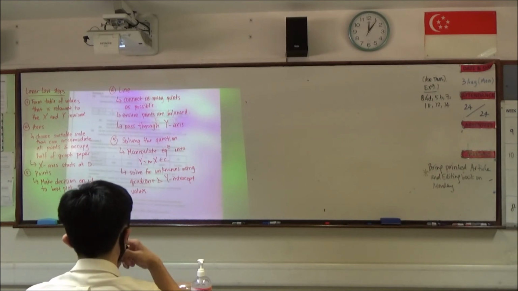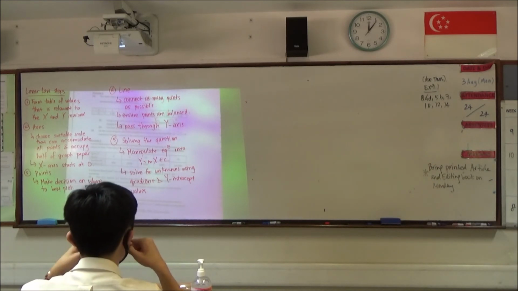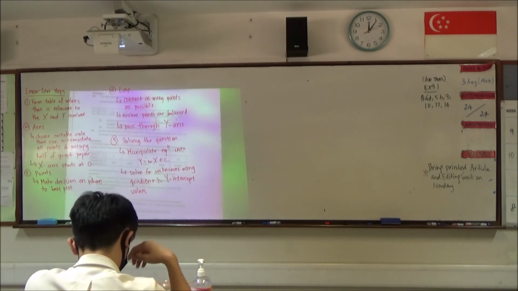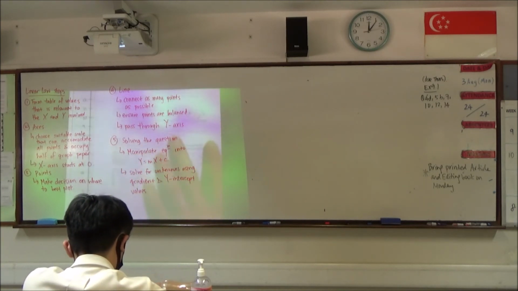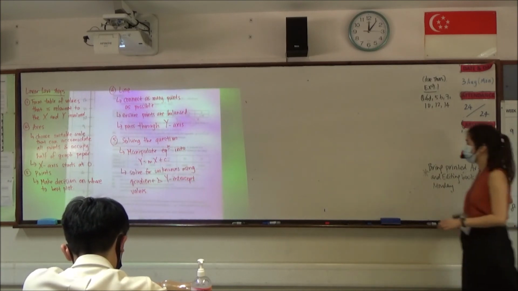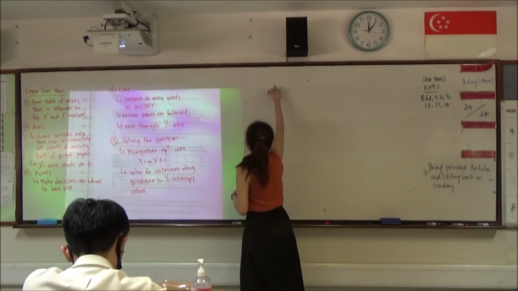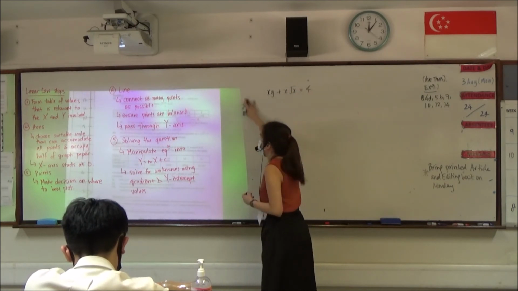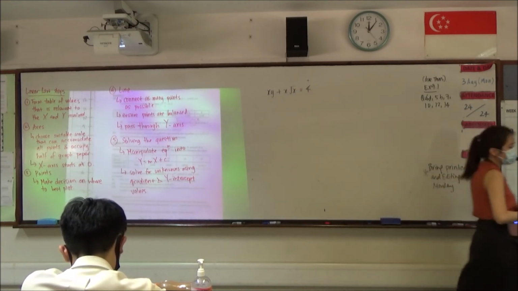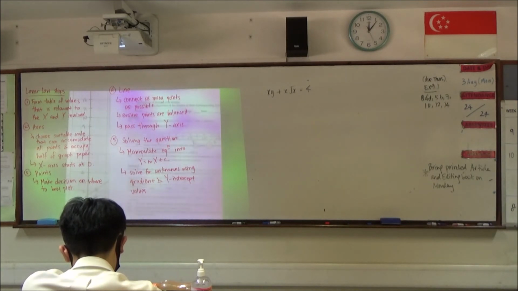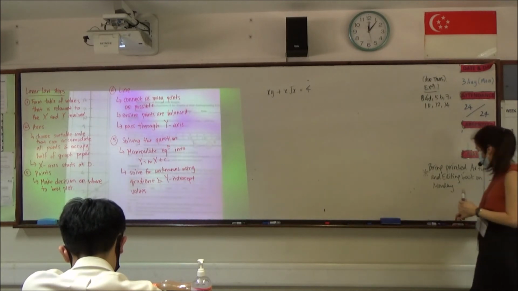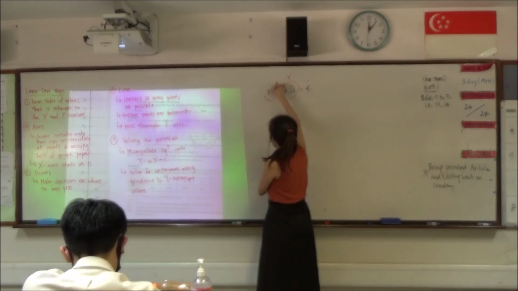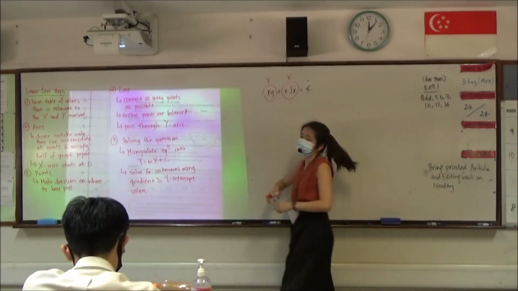Part B, we want to draw another straight line on the same diagram that represents the equation xy plus x square root x equals 4. Keep in mind that the diagram we have already drawn, our horizontal axis is x square root x, and this is our vertical axis.